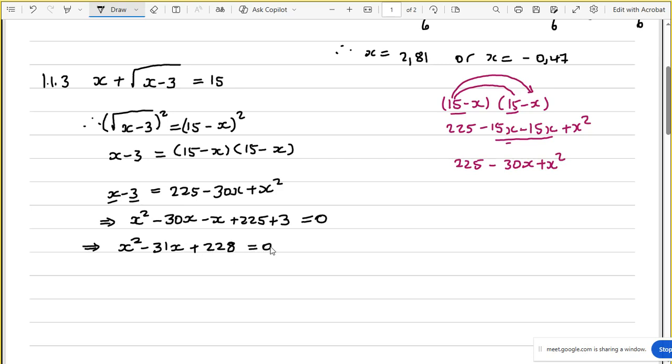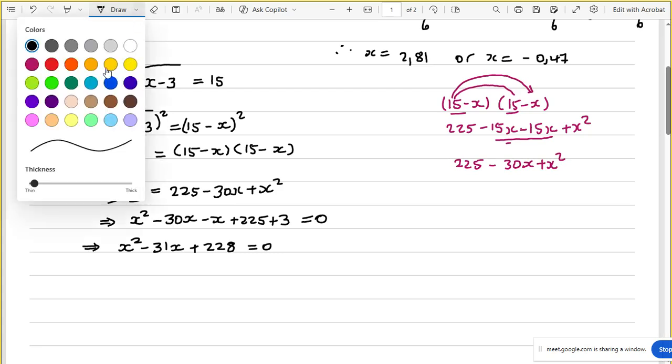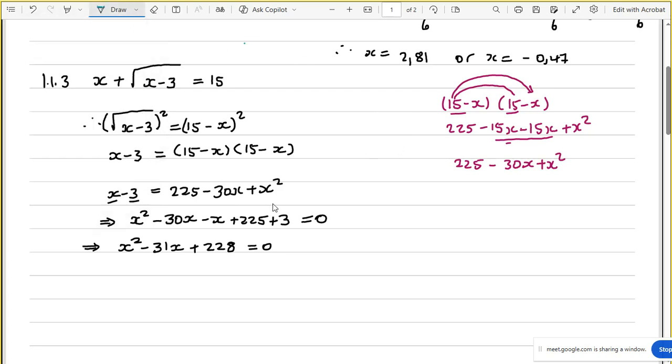Equate this to 0. So now I'm going to teach you guys how to factorize this. I know that this is a very big number. Since this is a very big number, whatever I'm going to show you now on the board, please don't include that on your answer sheet.